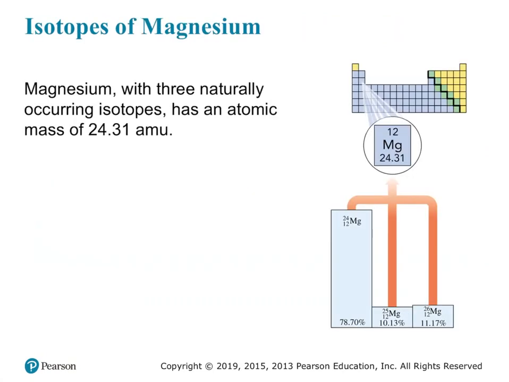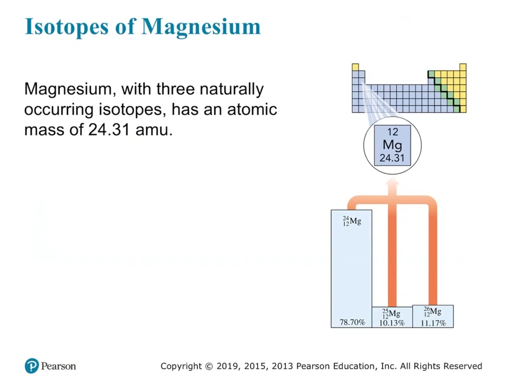Okay. So now let's focus on an element with different isotopes, such as magnesium. Elements have naturally occurring isotopes, so isotopes that just exist in nature. And magnesium has 3 naturally occurring isotopes.